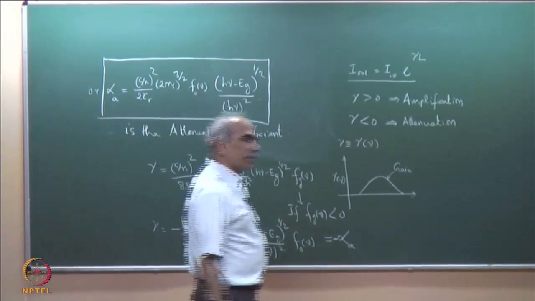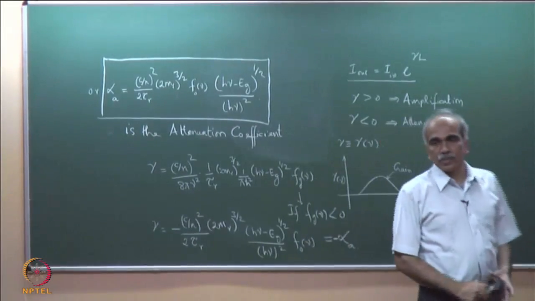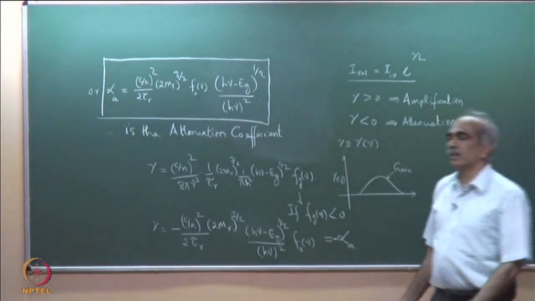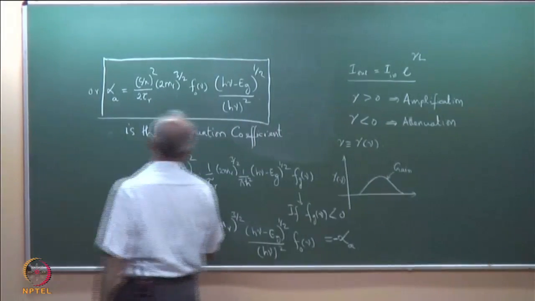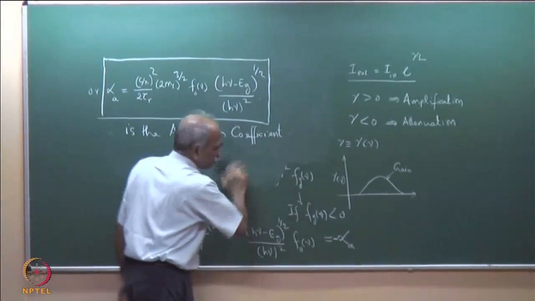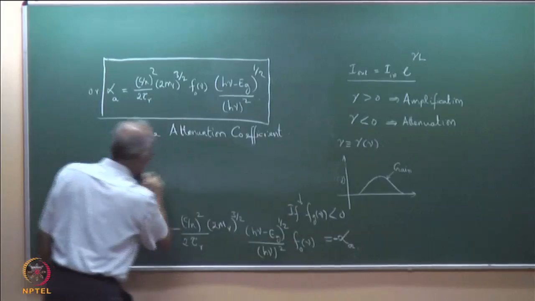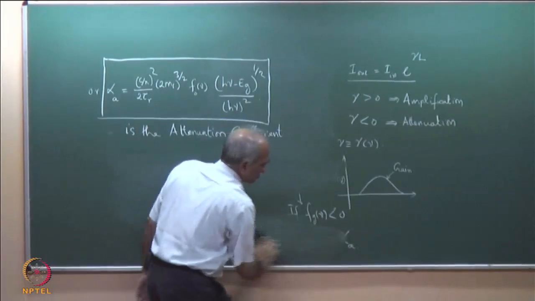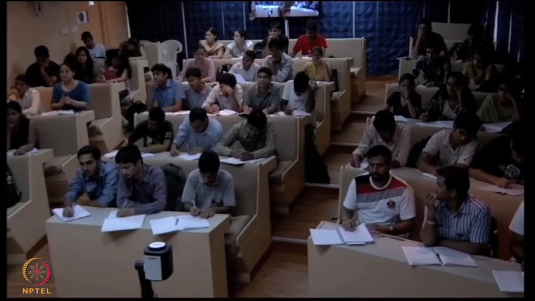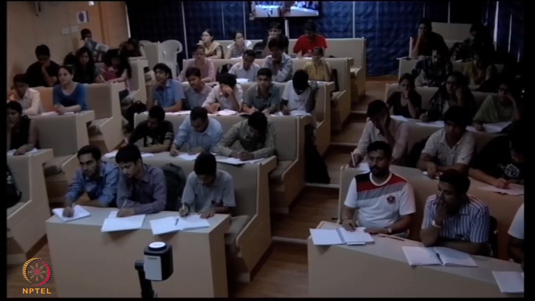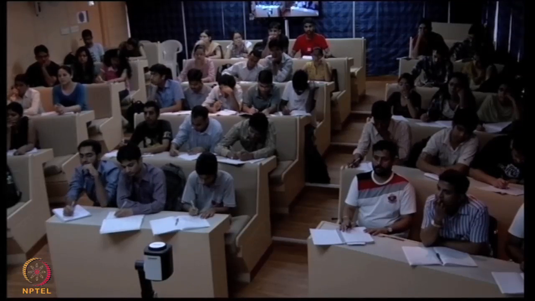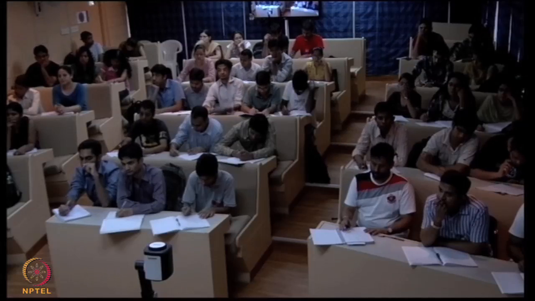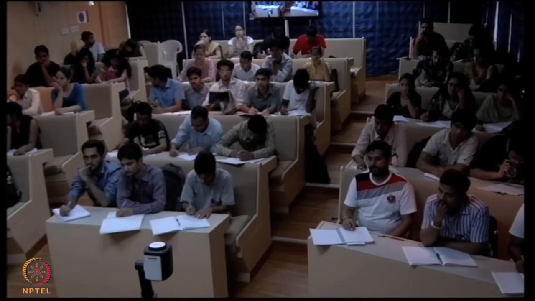If I plot the frequency dependence of this attenuation coefficient, I will see the attenuation spectrum. So, how would this look like? So, alpha A is basically minus gamma.